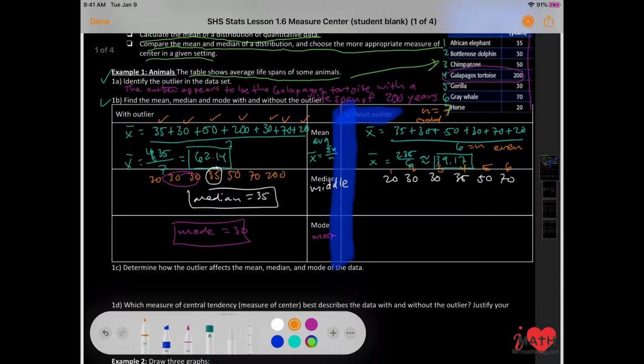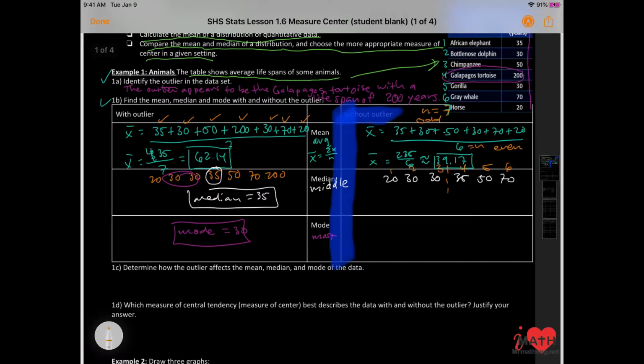Now the middle is right here, so you're going to have to take the average of those two numbers. So 30 plus 35 is 65, divided by 2 gives me 32.5. So our median is 32.5.